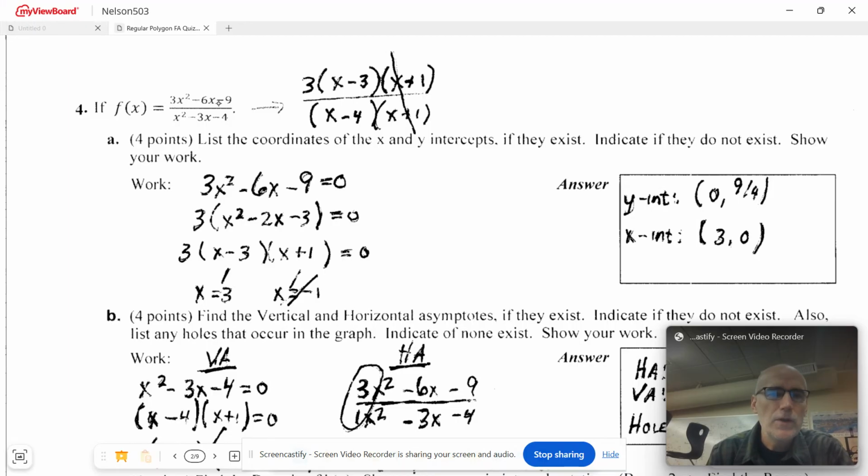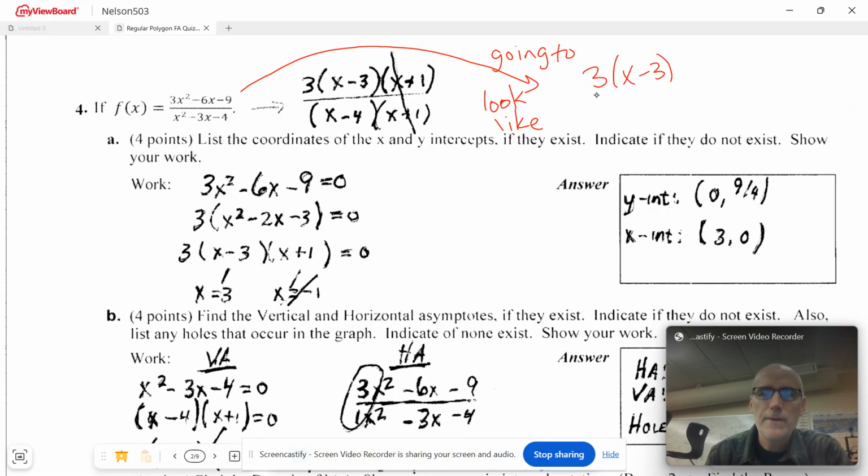So really this polynomial is going to look like 3 times x minus 3 all over x minus 4. Now the only place where this rational function is going to look different than this rational function is at x equals -1.